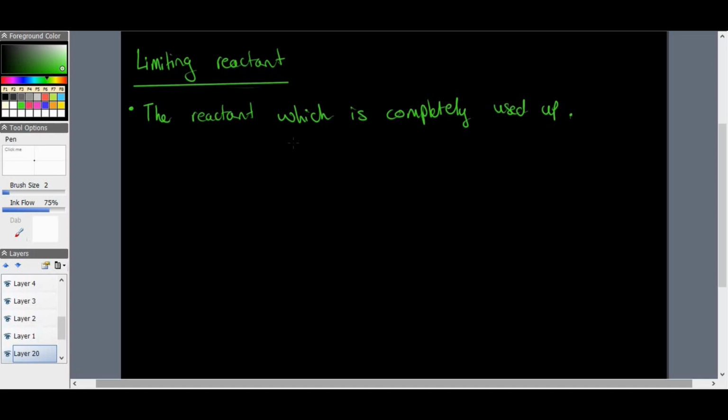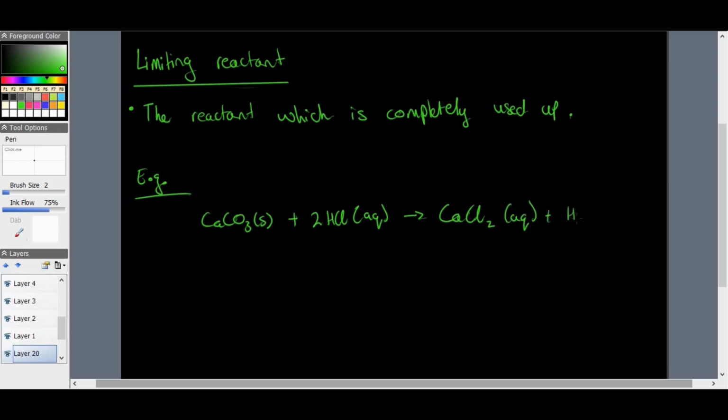The reaction that takes place is calcium carbonate in solid form plus 2HCl in aqueous solution gives calcium chloride in aqueous solution plus H2O, which is a liquid, plus CO2 gas.